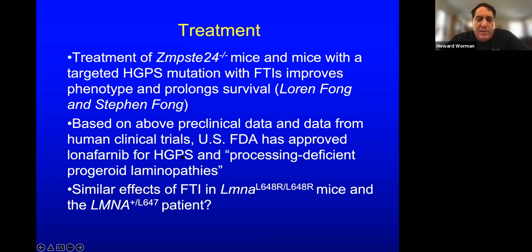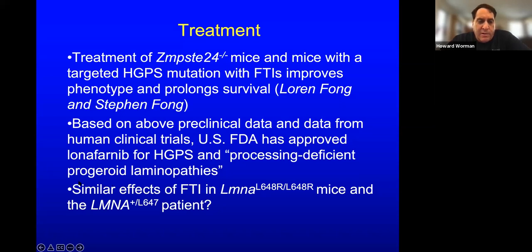Based on this and on a few clinical trials done on patients with HGPS and a few patients with ZMPSTE24 mutations, the US FDA just last year approved lonafarnib for Hutchinson-Gilford progeria syndrome and what they call, on the label, processing deficient progeroid laminopathies.